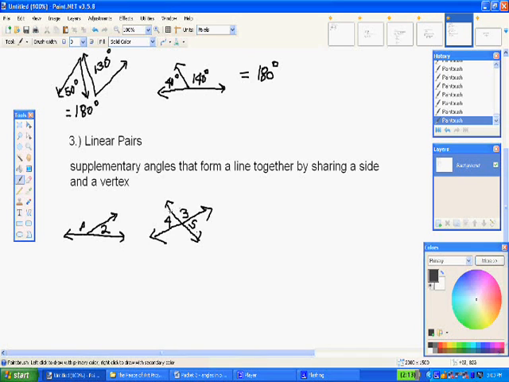Angle 3 and angle 5 could also be an example of a linear pair because, look, they create a line together. Or angle 4 and angle 6 could be examples of linear pairs because they form a line together. Or angle 5 and angle 6 could be linear pairs because they form a line together. You get the idea. Linear pairs are not this, though. They are not two separate angles, like that. They have to share a side and they have to share a vertex.